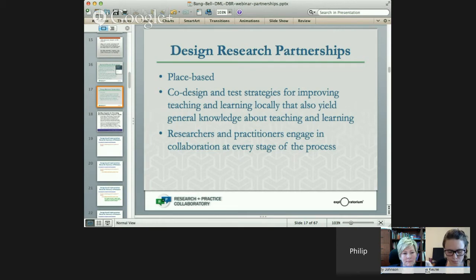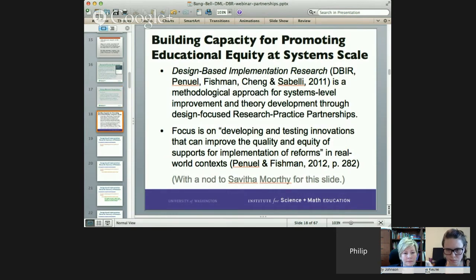And you're doing that collaborative work at every step of the process between research and practice. Bill Penuel and colleagues in 2011 framed a specific methodological approach called design-based implementation research that has been growing and gaining traction, which is systems-level improvement and theory development through design partnerships.